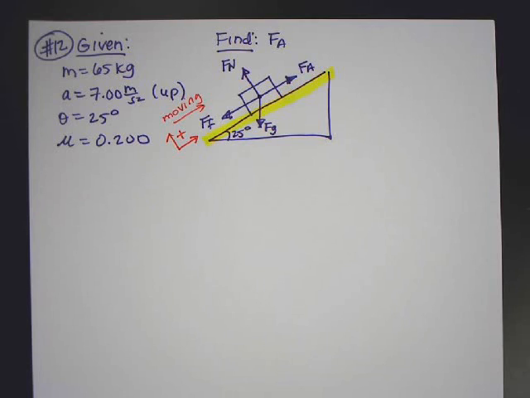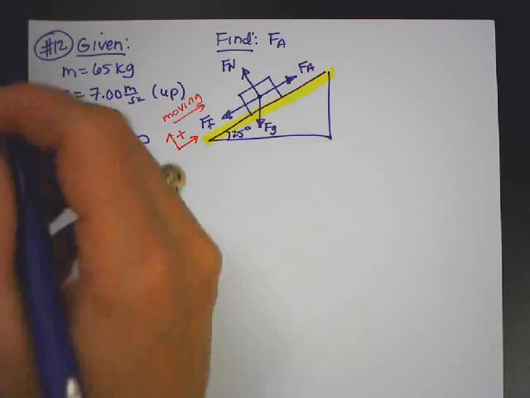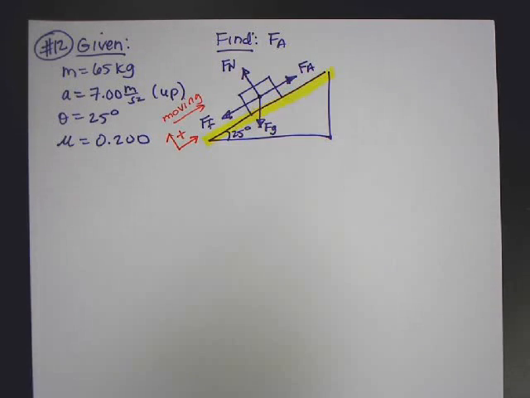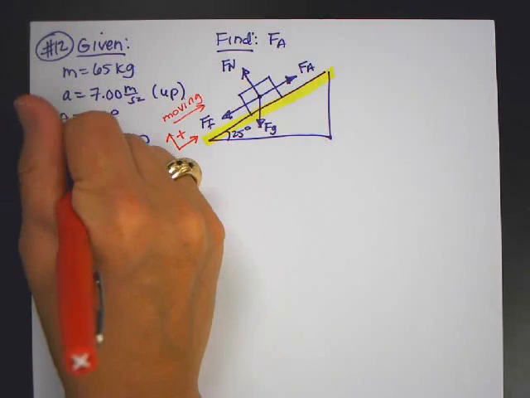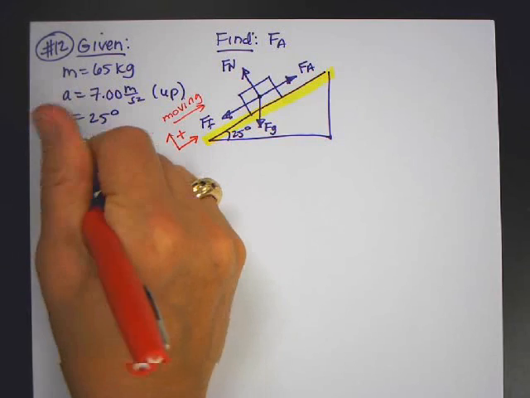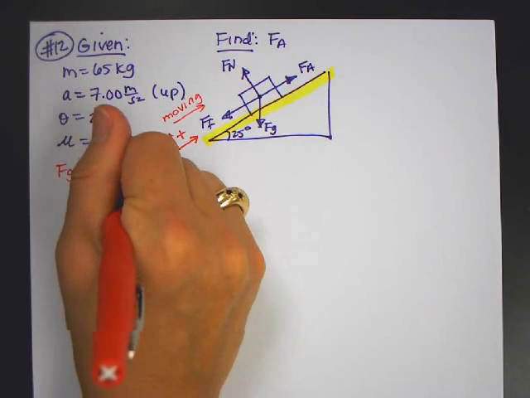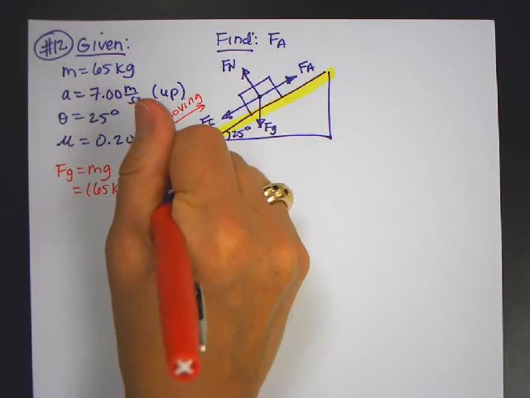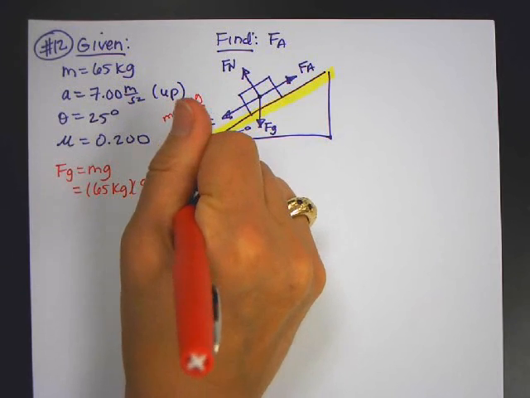So now I look at my free body diagram and I say, which forces are going perpendicular and parallel? All of them except my weight. So what I'm going to do is first calculate my weight to the side, and I'll say F of G is equal to mg. So it's equal to 65 kilograms times 9.8 meters per second squared.